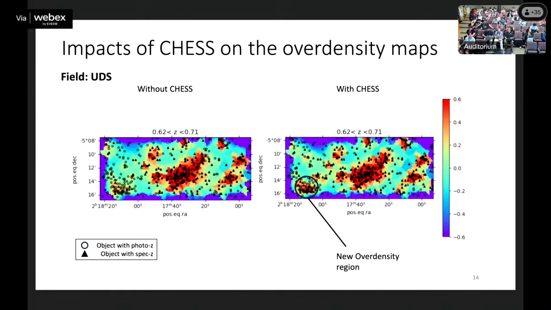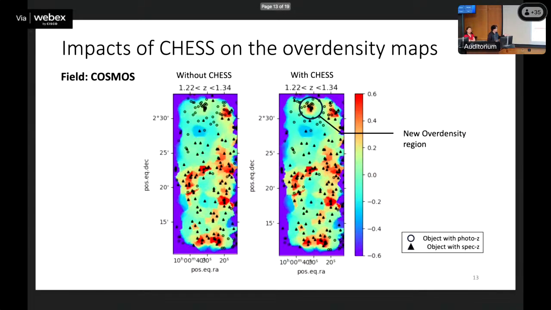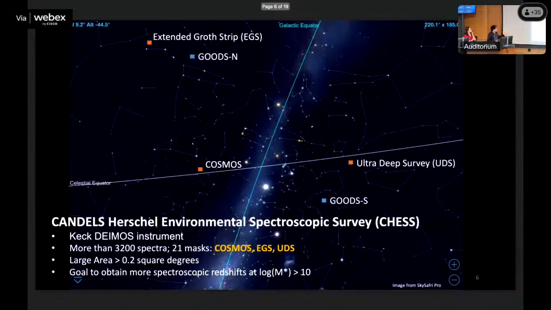Yeah, that's a great question. I know that Roman will have a much larger field of view to study galaxies, and that's also one of the goals of the CHESS research. For CHESS, we use all five CANDELS fields, because for environmental studies we need a large area, and we want to have different fields to make sure that we don't have any bias.